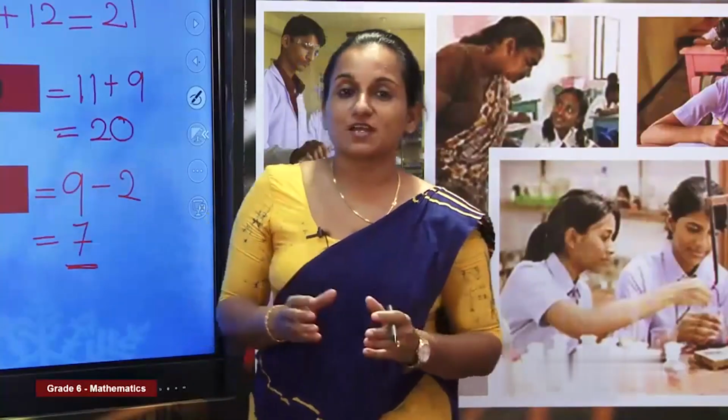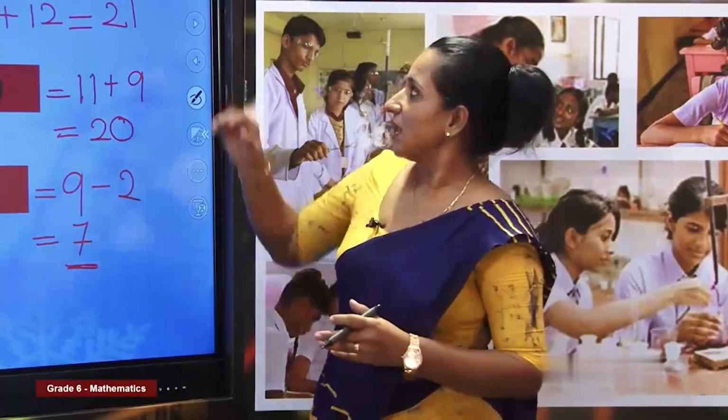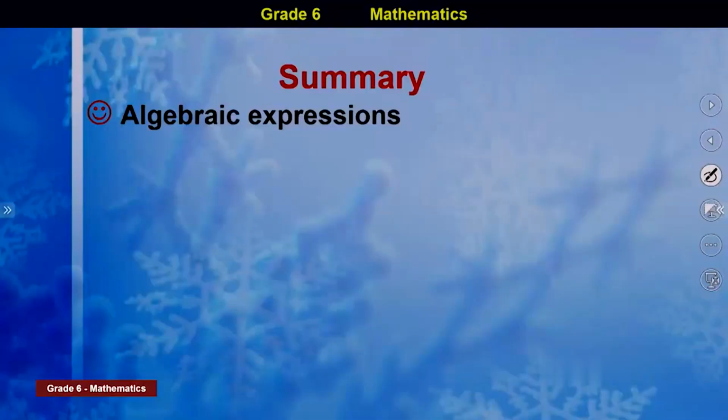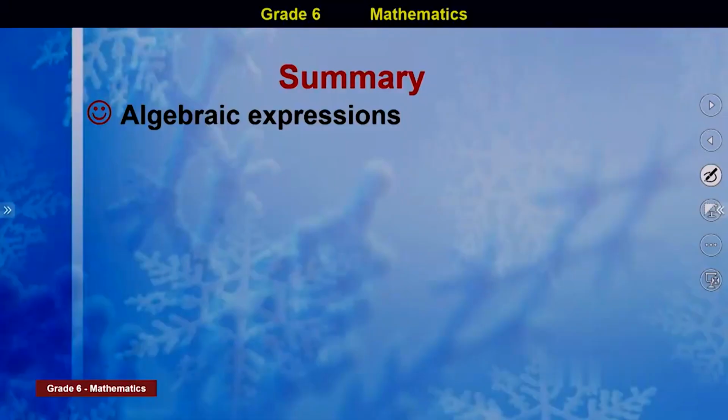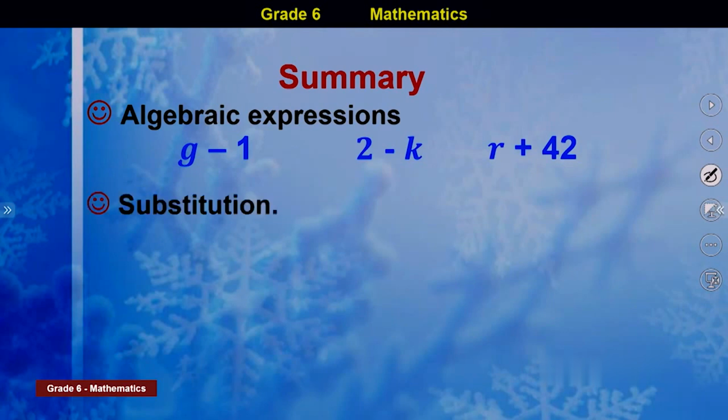What we have done up to now, in a nutshell, we learned about algebraic expressions. Algebraic expressions contain numbers, mathematical operations and algebraic symbols. Here are some examples for algebraic expressions. Then we learned about substitution.